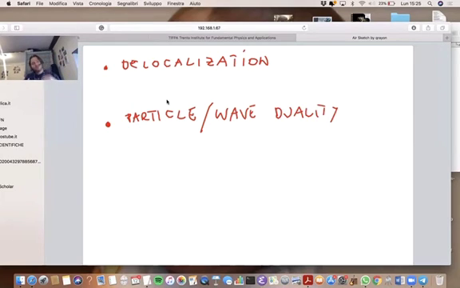Now, the two concepts are not mutually exclusive. Delocalization is part of the wave nature of the electrons, because as we discussed, waves are delocalized and particles are not. And the particle-wave duality means that some properties of the phenomenology you observe are only understandable within the context of wave theory, while other properties that we observe are only understandable within the context of particle theory.